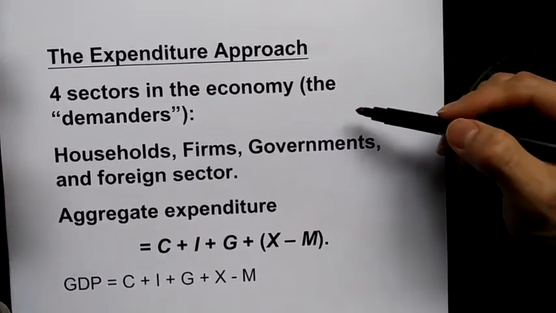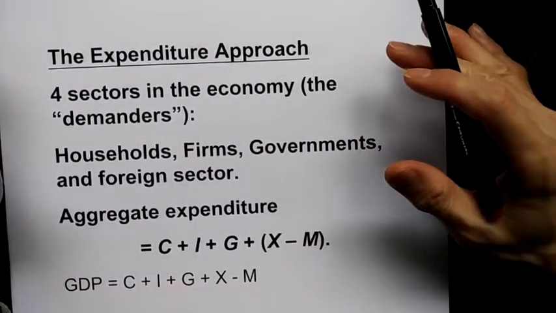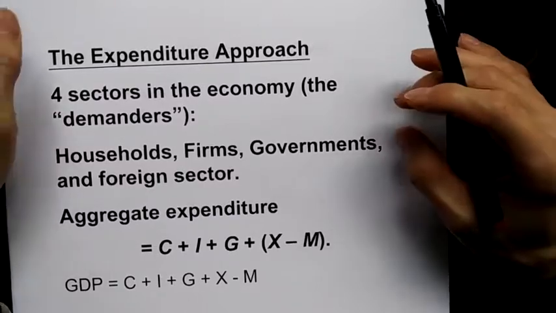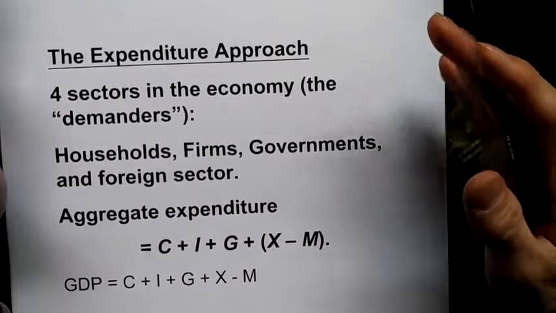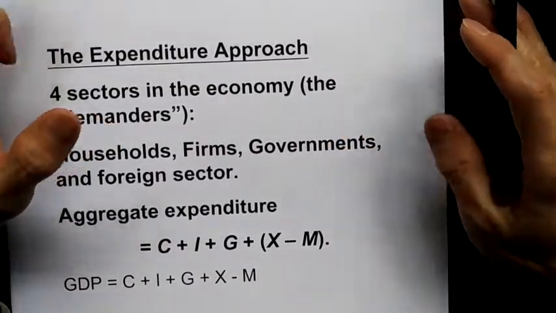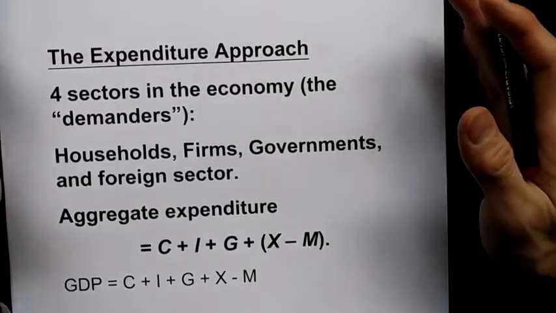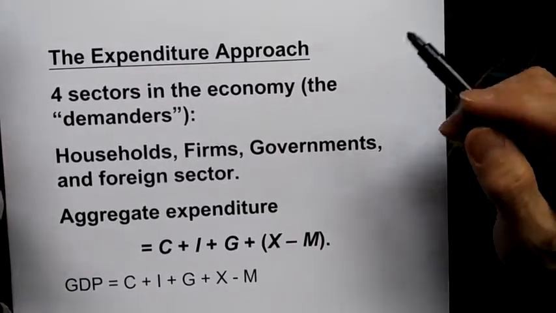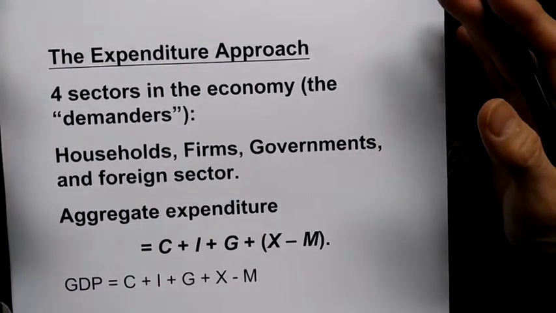Therefore, in macroeconomics, we use behaviors to distinguish demanders and suppliers. We don't separate them based on their job or what they are doing. We base it on their behaviors, because everybody is a demander, everybody is a supplier.